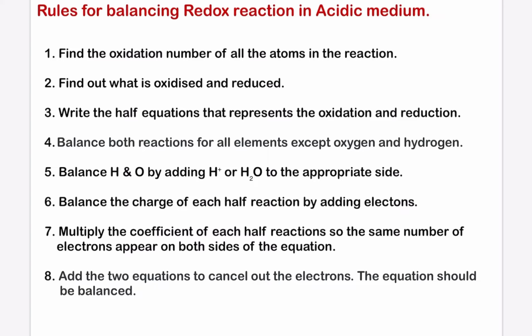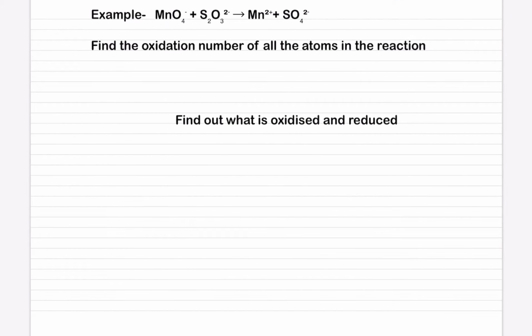Now let us understand it by looking at an example. The example is MnO4 minus plus S2O3 2 minus yields Mn2 plus plus SO4 2 minus. Let's first write down the equation.